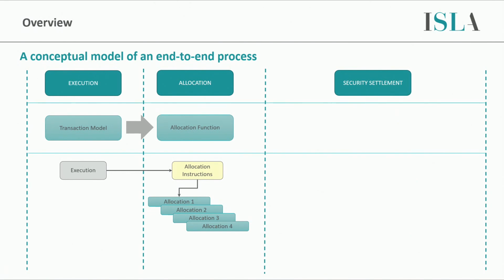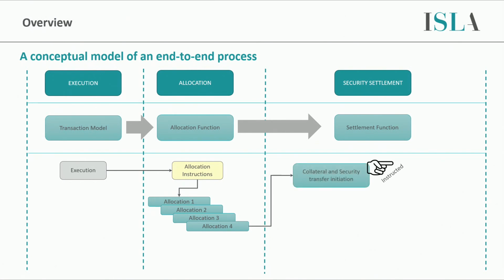Finally, the settlement function, which in the CDM takes the set of allocations and programmatically generates instructions to transfer the cash and securities that are required by entering into a securities lending transaction.